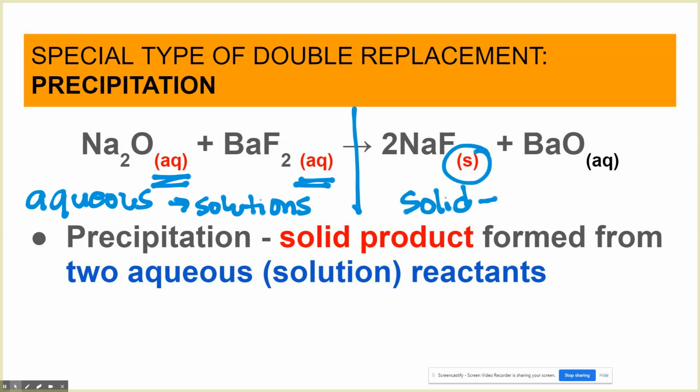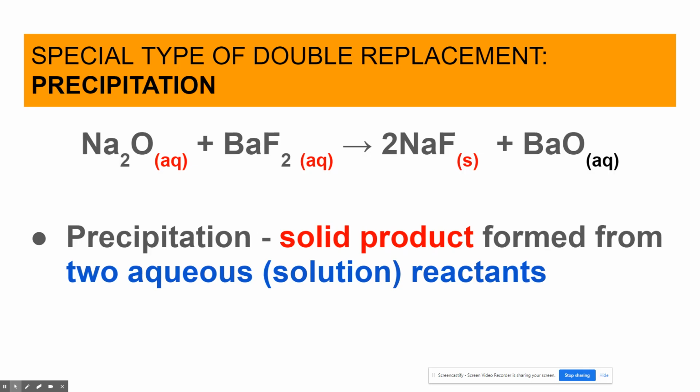This solid is your precipitate, and this is a special type. We're going to see this in one of our labs later on. So if you have two aqueous solutions forming a solid product, that has to be a precipitation reaction. So don't forget that.